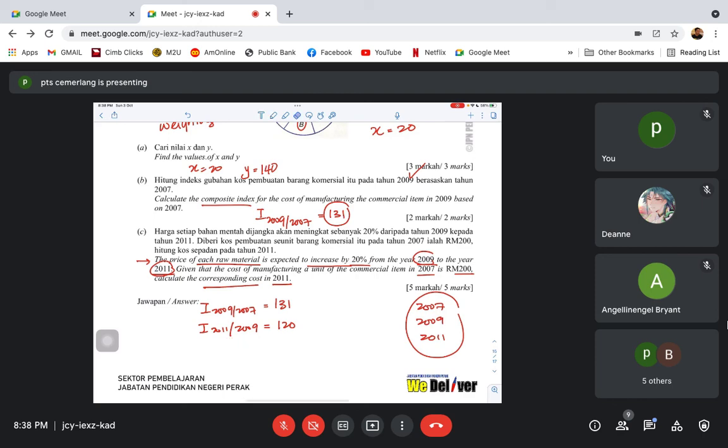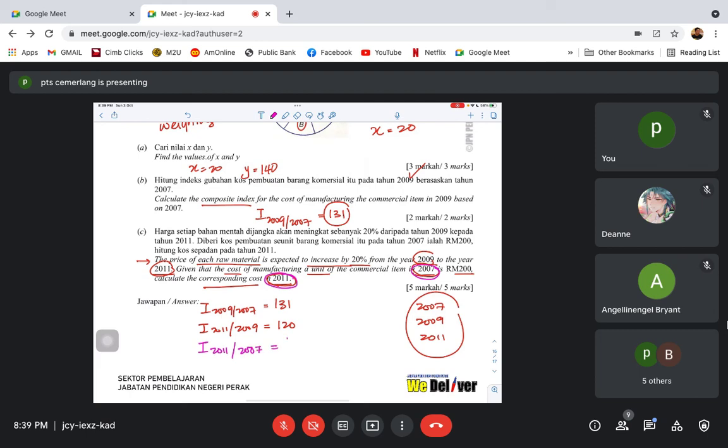Okay, next. Look, soalan kata apa? You are asked to find the cost of a unit of commercial item in the year 2007 is 200 and calculate the corresponding cost in 2011. Maksudnya, dia ada kaitan dengan 2007 and 2011. This one is the one that we want to focus, alright? So now, index of 2011 based on 2007.